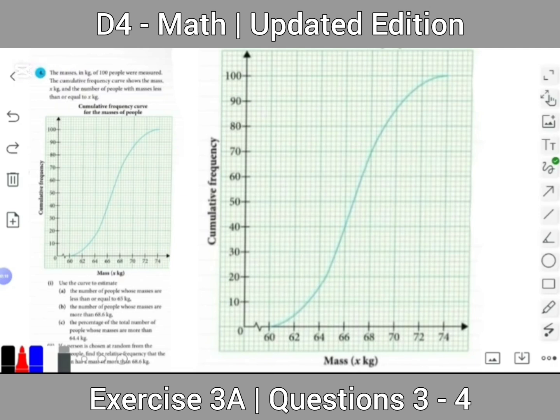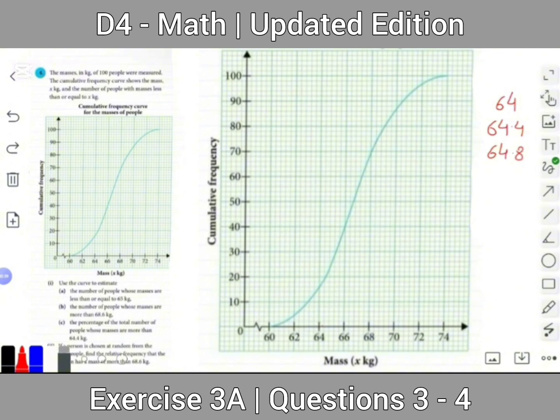So if we have 64, then the next point will be 64.4, and after that we add 0.4, so we have 64.8.